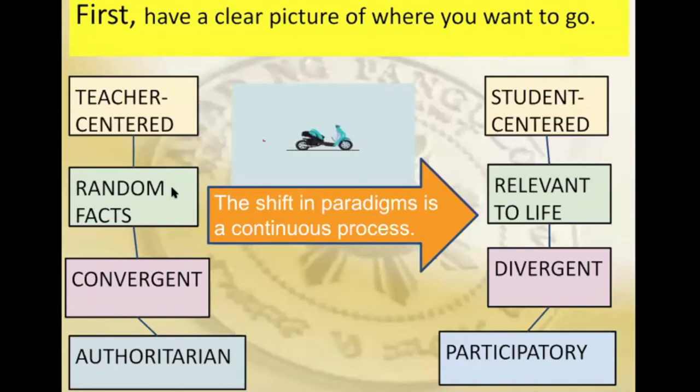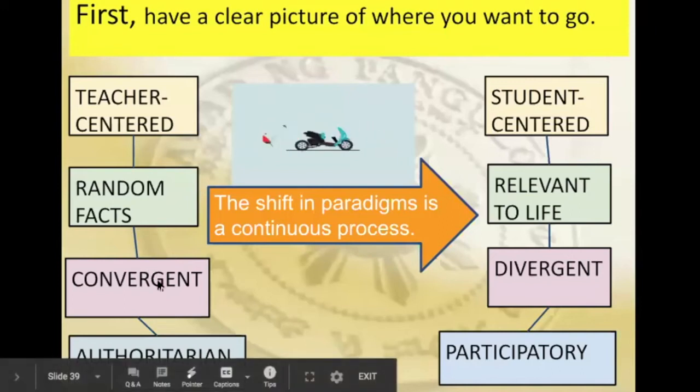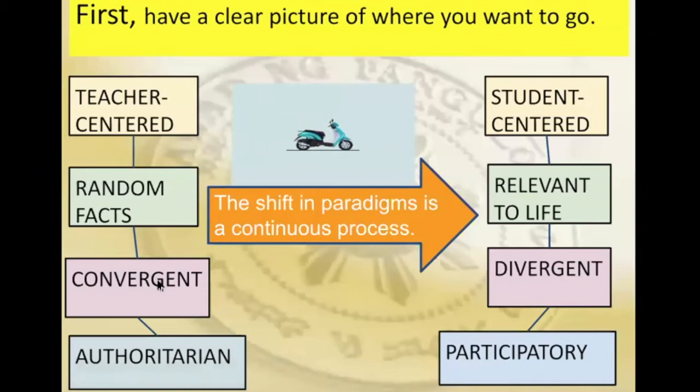It is very important for us to change the way we ask questions from convergent, meaning questions that require only one answer, to questions that will allow multiple responses. Because in life, sometimes or many times, you don't just get one answer, but there could be many different answers to one question.